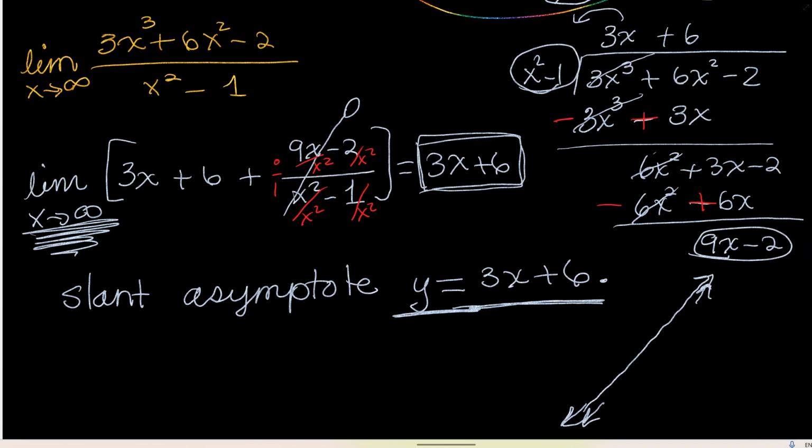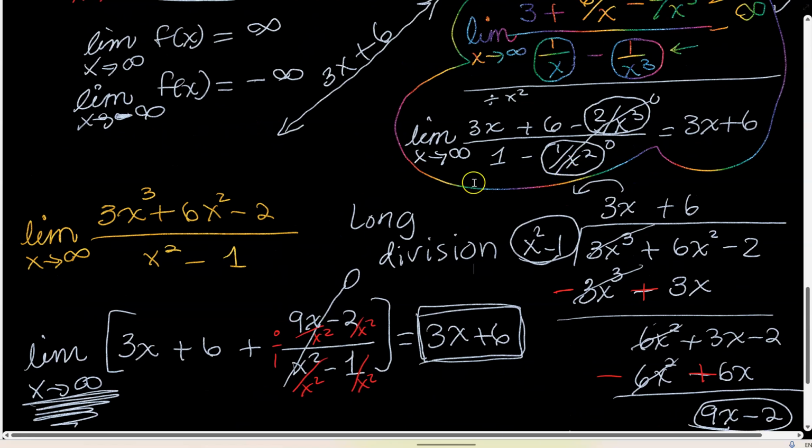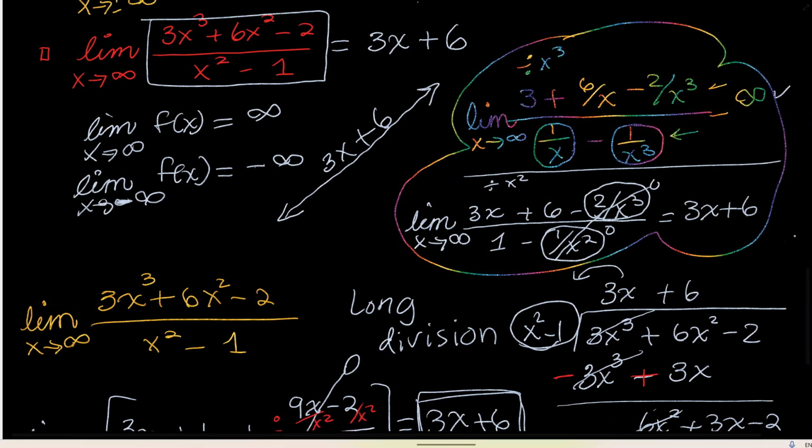And you can use long division to show your work here, or you can take the limit as x goes to infinity, but instead of dividing by the highest power, you'll divide by the highest power that is on the denominator, like this one right here, and you will see that that is going to give you 3x plus 6. Okay, so two different ways to look at it, whatever you like.